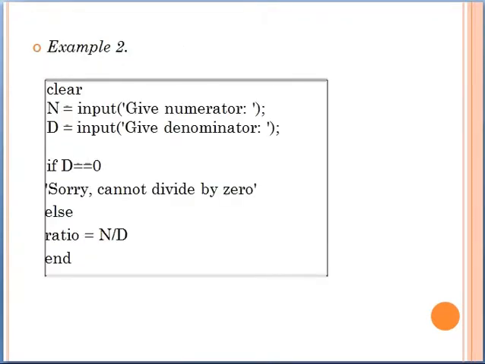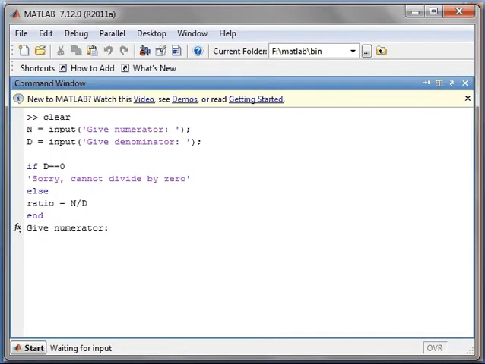Now example 2. In this example, I am taking numerator and denominator as the input from the user and giving the ratio as the output. Let's see it on the MATLAB screen. Here I have typed the program for it.